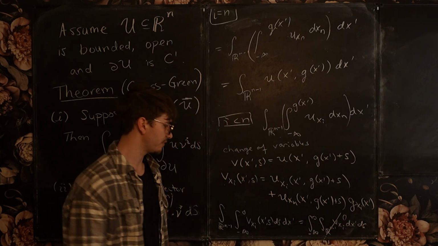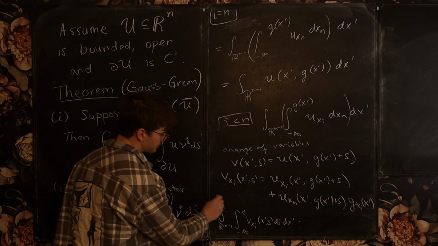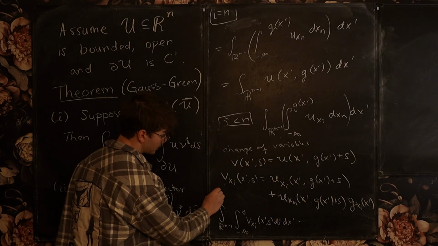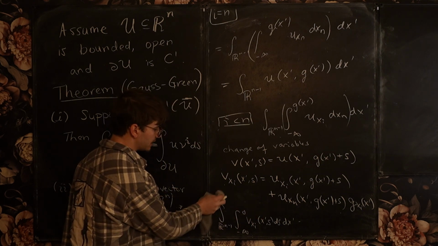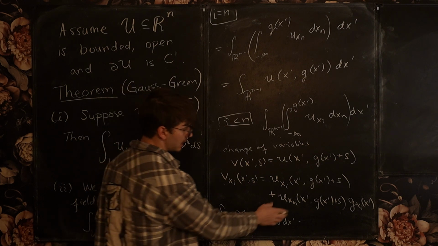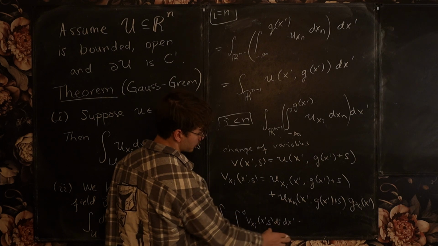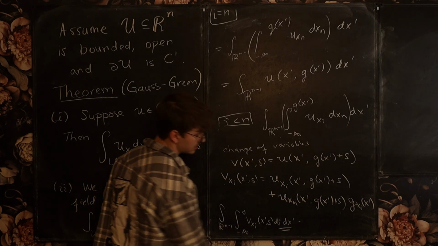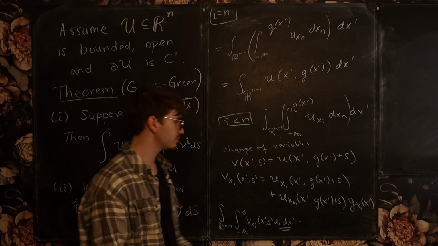So we have that this integral is 0 by Fubini's theorem. But then by our change of variables identity, this tells me that the integral of the right-hand side is equal to 0 if I integrate with respect to ds dx prime. So if I integrate the right-hand side with respect to ds dx prime, I'm going to get 0.